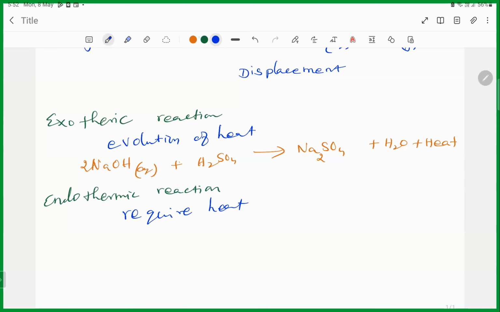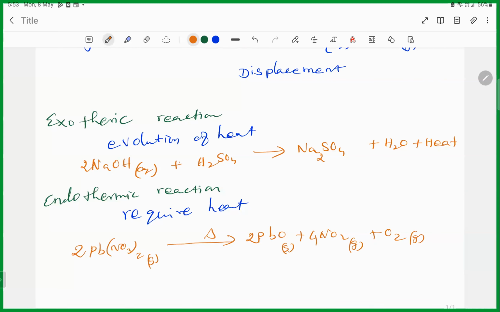For example, when you are taking lead nitrate and heating it, it is converted to lead oxide, NO2 gas, and then O2 gas. We have to balance that reaction. Here 2 NO3 is there, so if you are putting 2 over here, gas, solid, solid. So this is called an endothermic reaction.